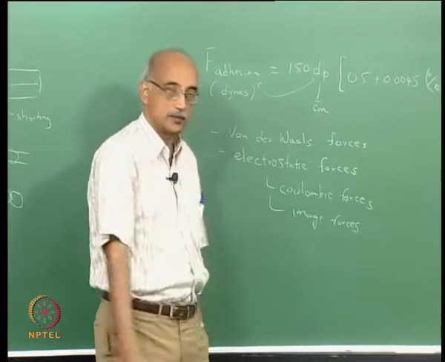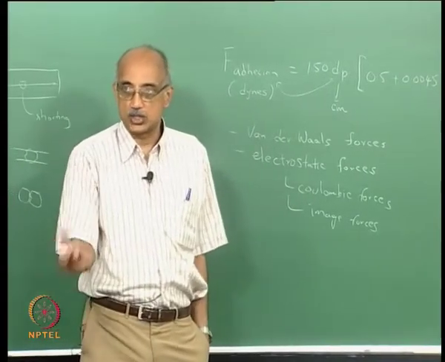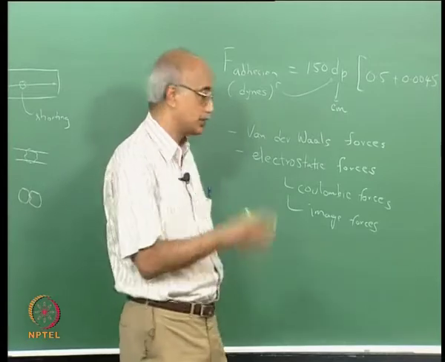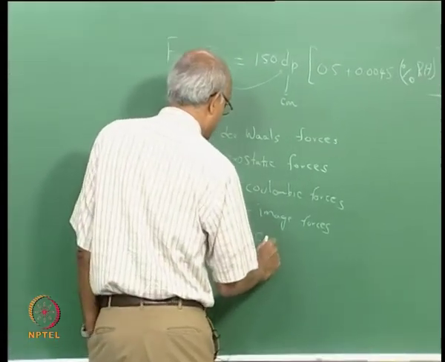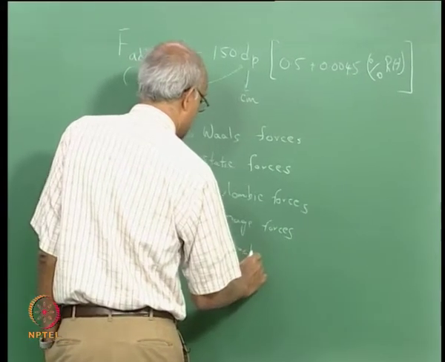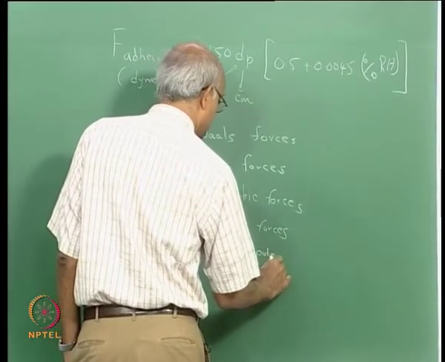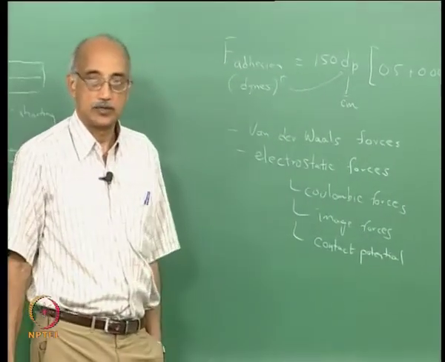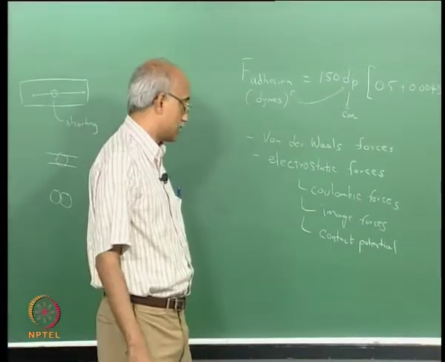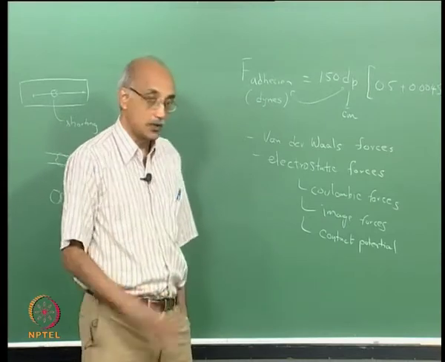The image forces apply when only the particle is charged and the surface is not, and we will look at the difference between these two. Then you have what are known as contact potential forces. So, the net magnitude of the electrostatic forces is a combination of all of these.